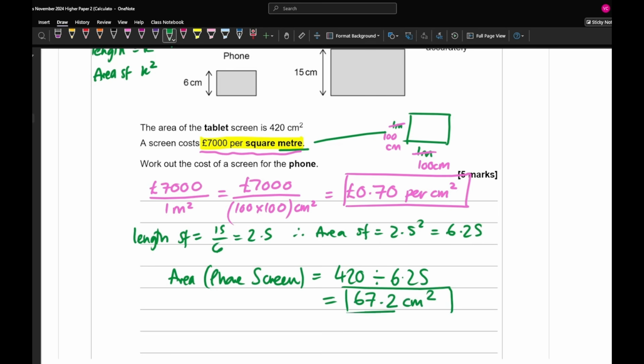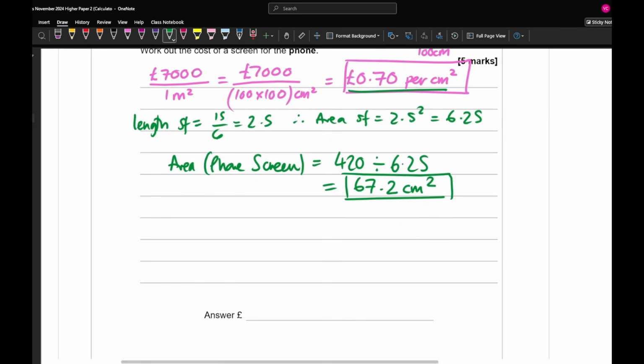So next, all that's for me to then do is work out the cost. So the cost is going to be 67.2 multiplied by 0.7, and typing that into my calculator gives me an answer of £47.04.